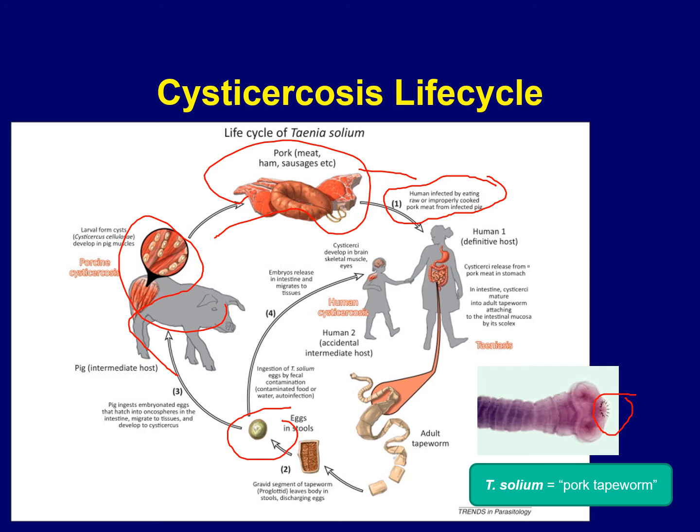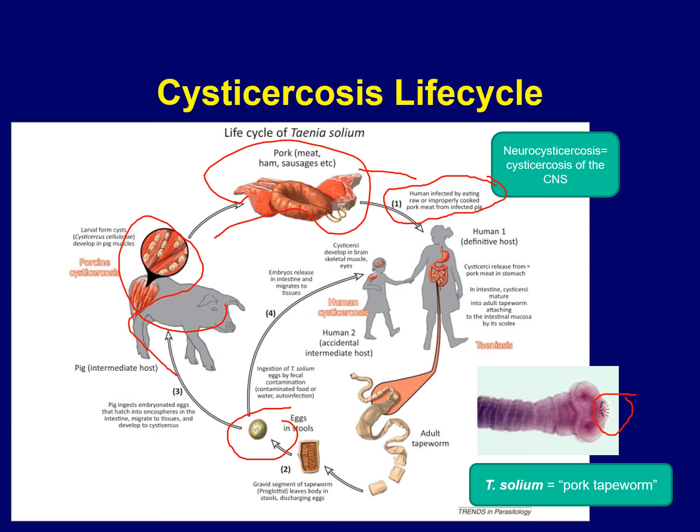Similarly to the pig, these embryonic eggs hatch and release into the intestine and migrate to the tissues. And cysticerci then develop in the muscle, they can develop in the eyes, and they can also develop in the central nervous system. And neurocysticercosis is cysticercosis of the central nervous system. That's when these cysticerci have made their way to the central nervous system and have set up shop as larval cysts in the brain and the rest of the central nervous system.